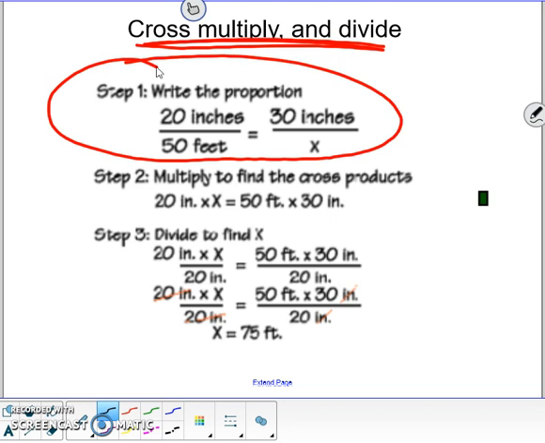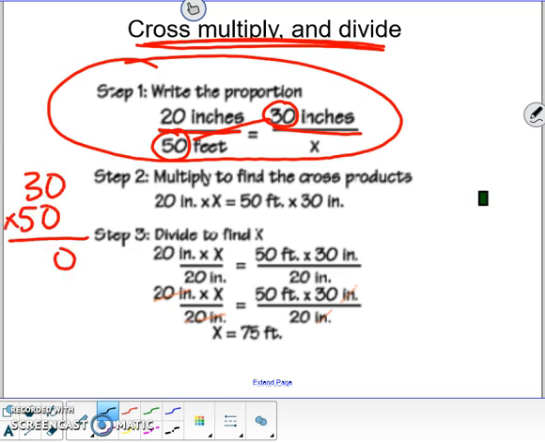practicing it. What it means is when you have two proportions set up on either side, you're going to take the two numbers that are crisscross from each other and multiply them together. 30 times 50. So after you've cross-multiplied, you're going to take the remaining number and divide by that.